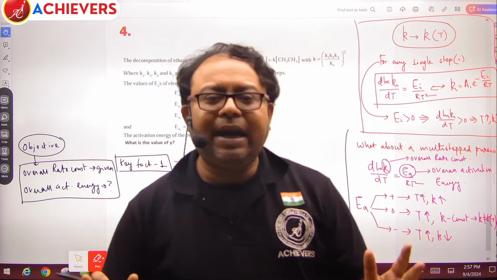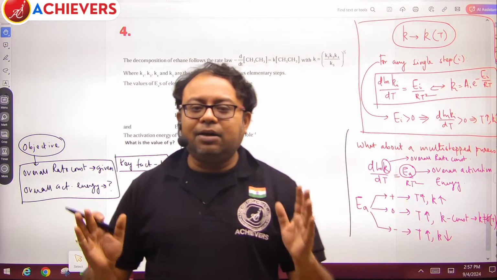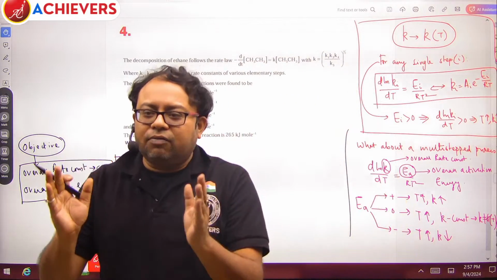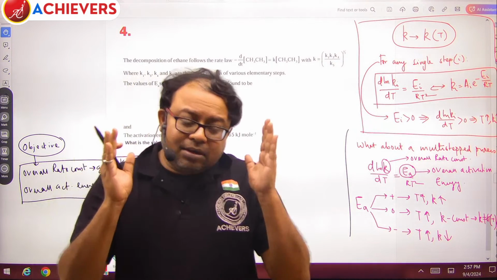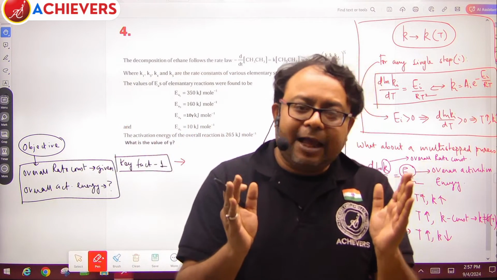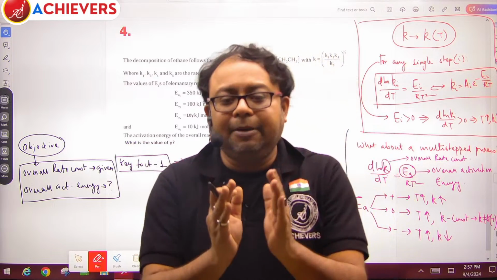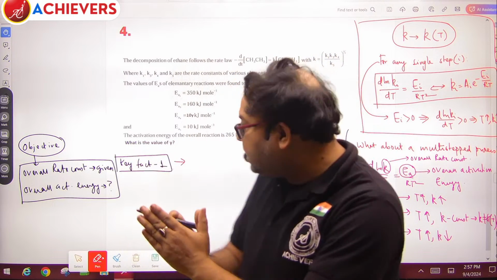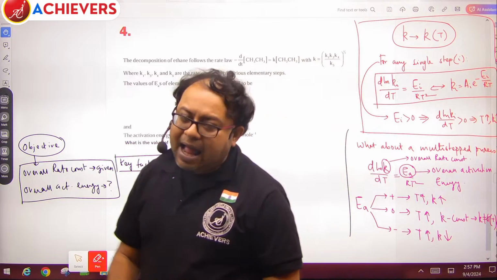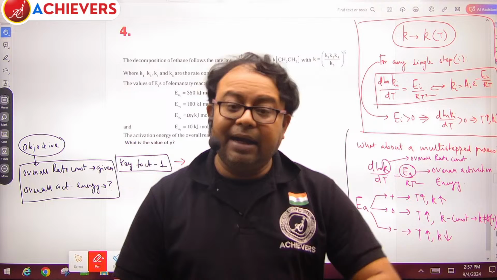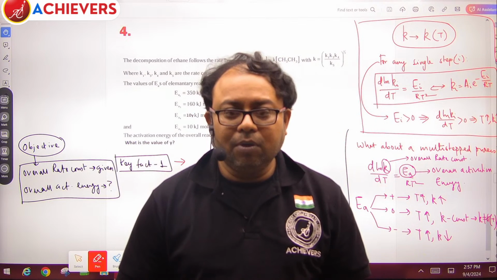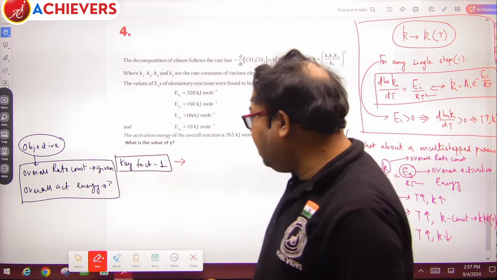Now, overall rate constant is basically a combination of the rate constants of the individual steps. And the rate constants of the individual steps can either be combined in a multiplicative manner, which I will be discussing in key fact 1, and they can also be combined in additive manner, that I will be discussing in key fact 2.